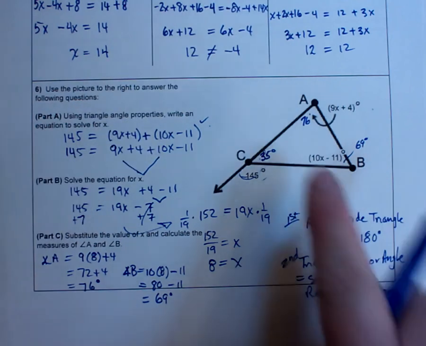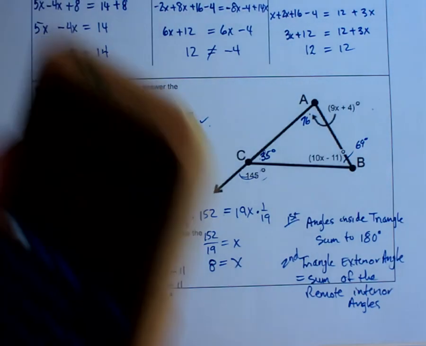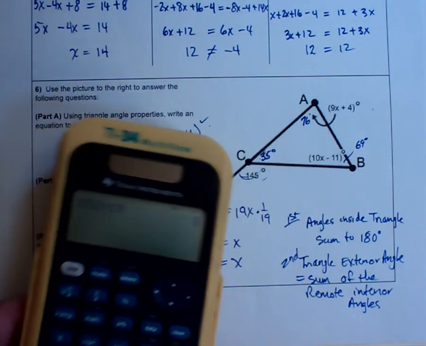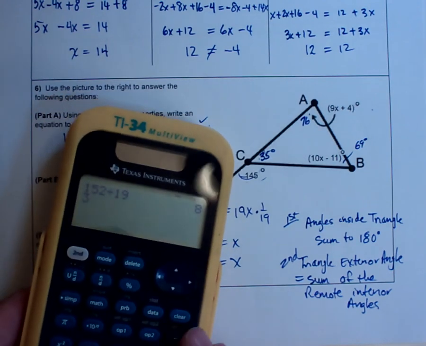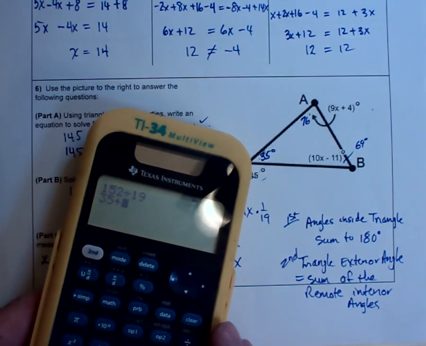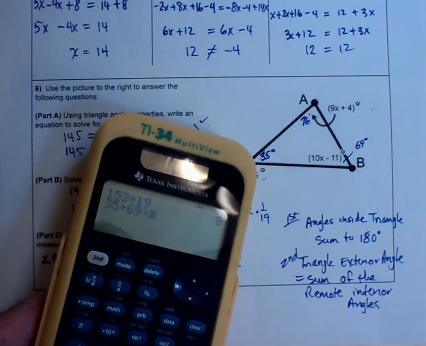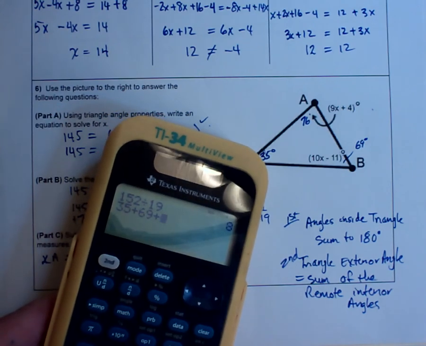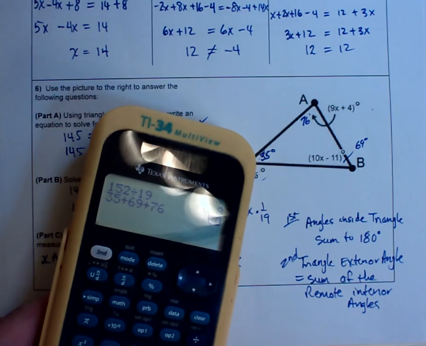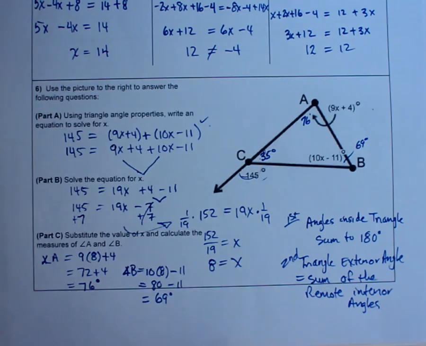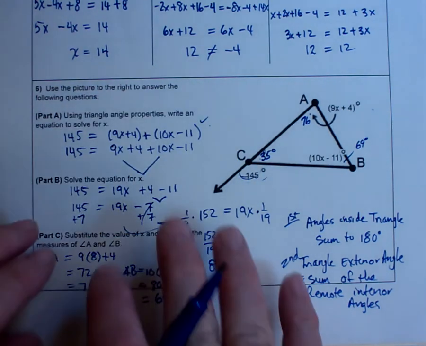They should add up: 35 plus 69 plus 76 is 180. So that works. That's perfect. That would be a full point score on this problem.